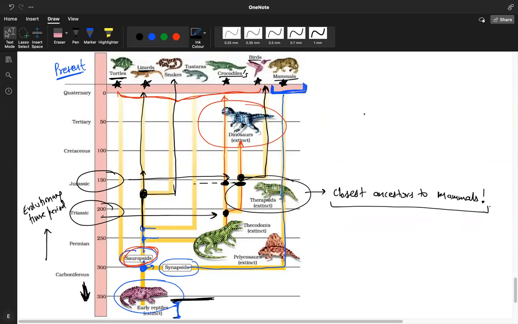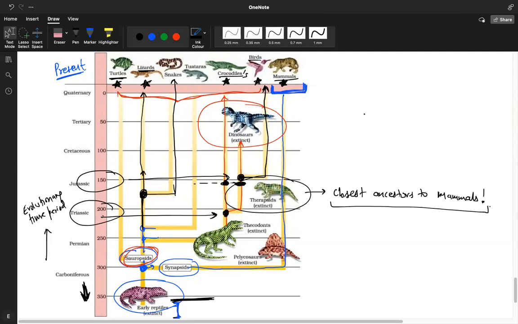So basically, some of these land reptiles, when they evolved, went back into water. And so evolution is not very straightforward. It is believed that many of these reptiles went back into water and started living there and became water reptiles.